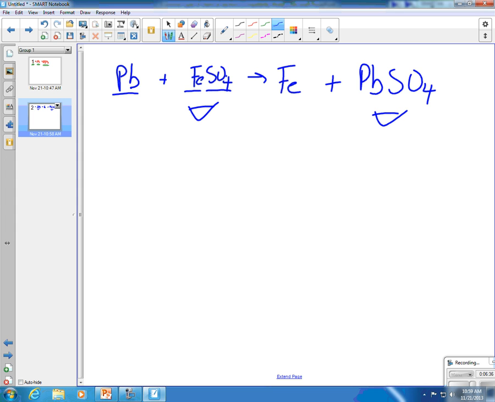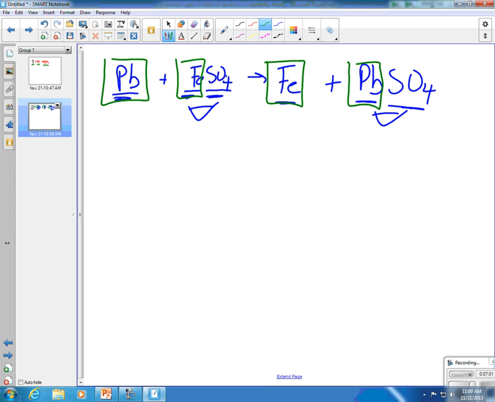However, when we look at balancing it, I have one lead, one iron, one SO4, one SO4. But again, this is a balanced single replacement reaction where we have our two metals, metal 1 and metal 2, in the reactant side, switching places in the product side. So a single replacement. So we have single things just replacing each other.